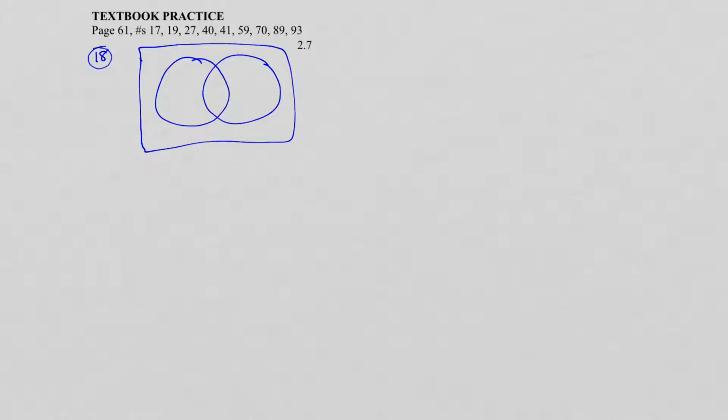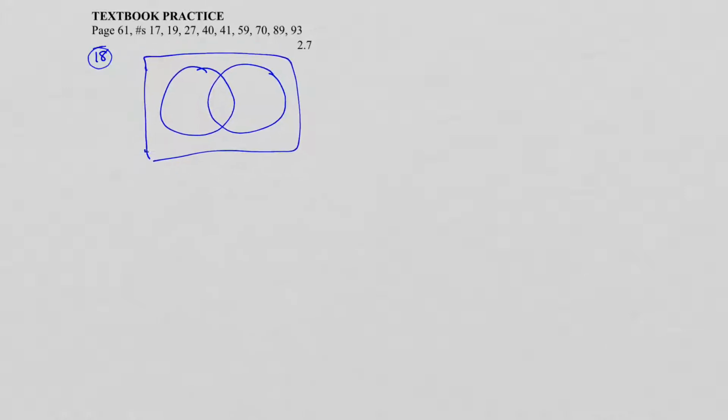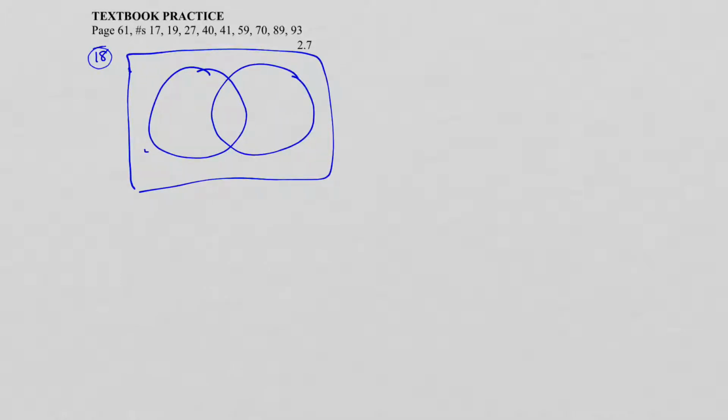Okay, so I'm going to abbreviate. What set A and B have in common is basically Glacier, I'm going to say that's G, and Mount Rainier, MR. And then what's only in set A but not in set B. So we got Acadia, Badlands, and Yellowstone.